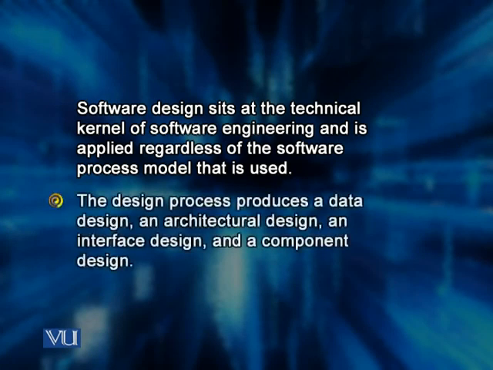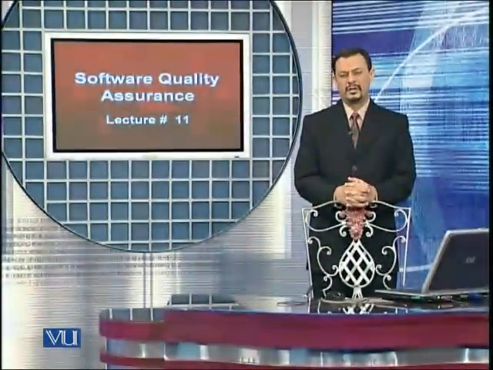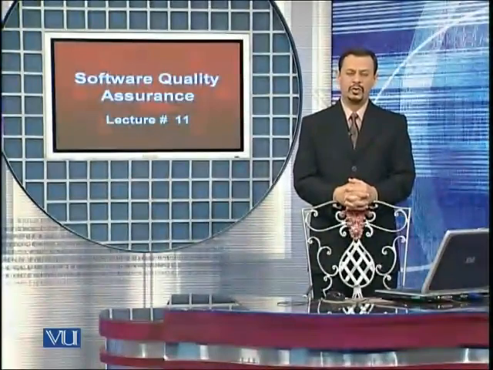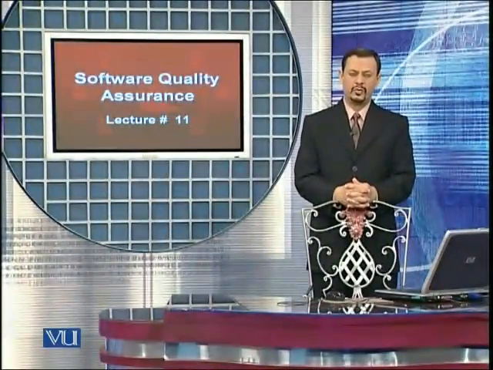The process creates a design model which consists of four things. It creates a data design, an architecture design, an interface design, and a component design. So we can say that a design model will have four parts to it.